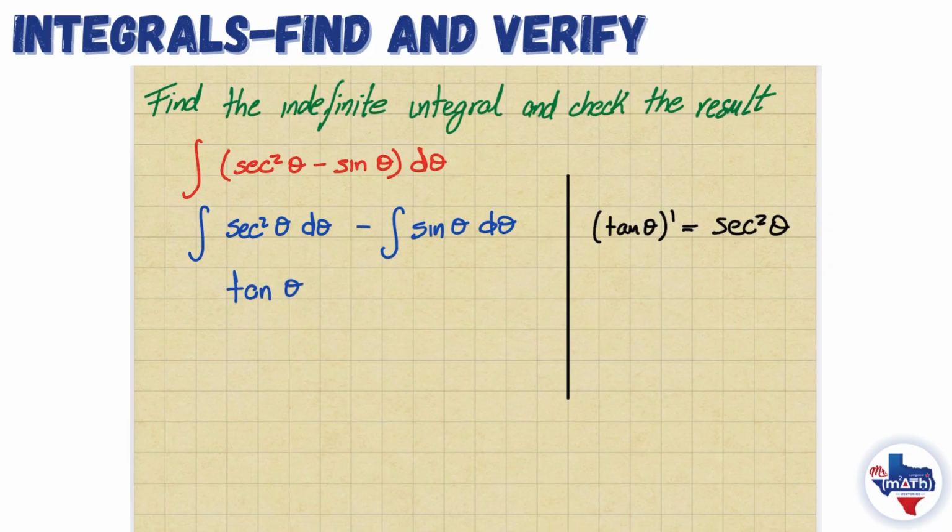So we have tangent of theta minus, and the integral of the sine should be negative cosine. Okay, we have negative cosine of theta plus our constant of integration c.